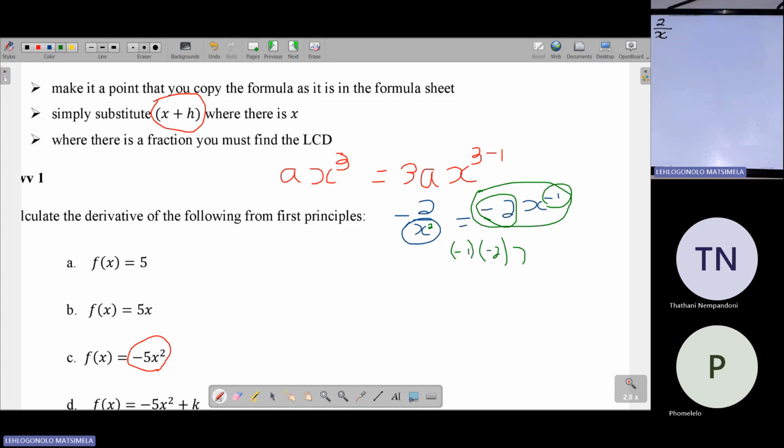Now -1 multiplied by -2 in brackets, then -1 as an exponent, and then we minus it by 1, as the principle is saying from this example, that the exponent itself, we minus it by 1. Are we clear? Yeah. Then when we simplify further here, we'll have -2 multiplied by -1, which will give us +2.